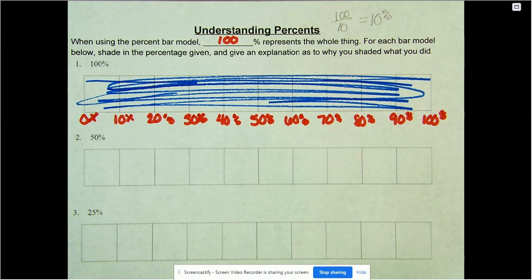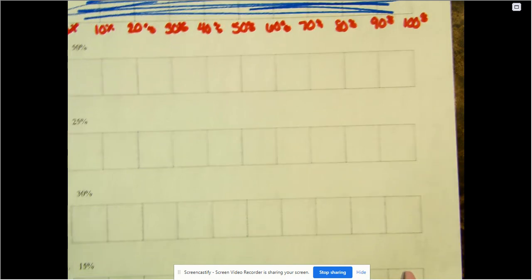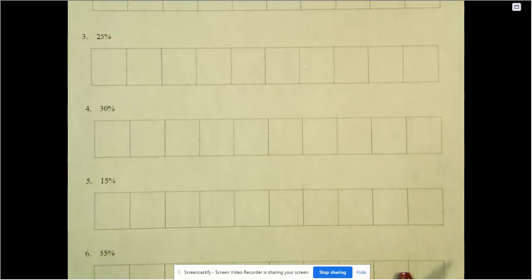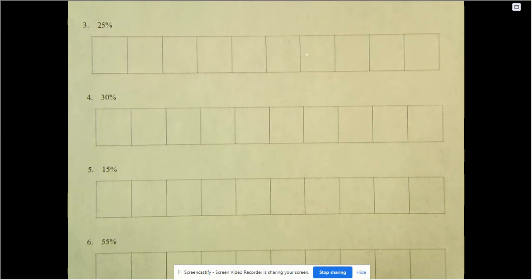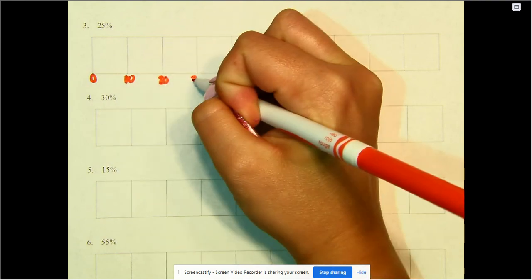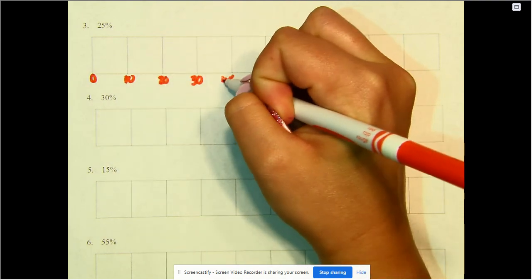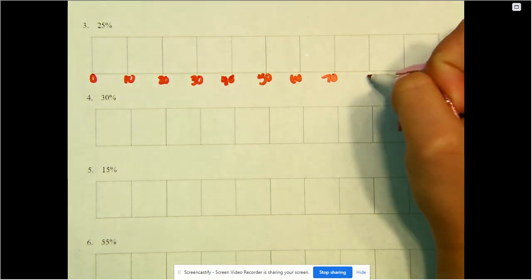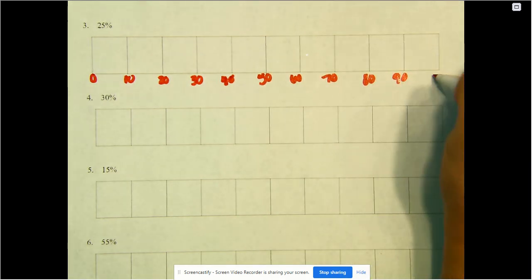Okay, now I'm going to skip number 2 just for the sake of this particular video. Let's go into number 3. Okay, so 25%. So again, it's still split into 10 sections. So 0, 10, 20, 30, 40, 50, 60%, 70%, 80, 90, 100.